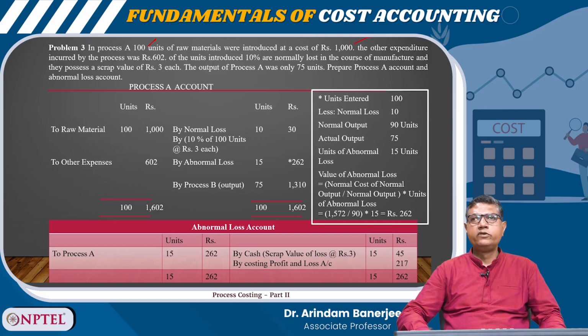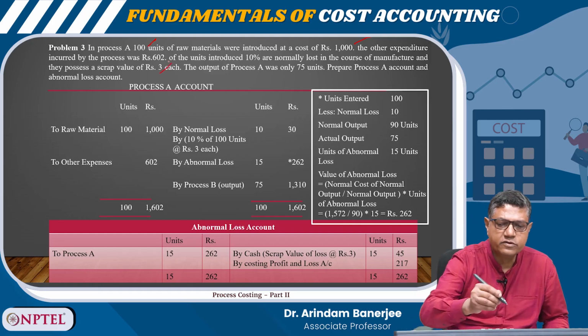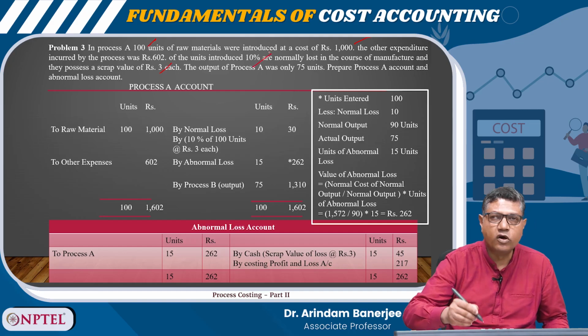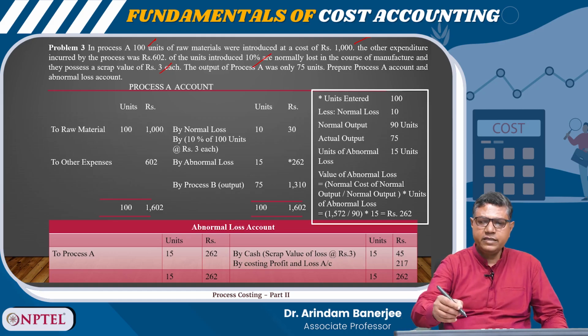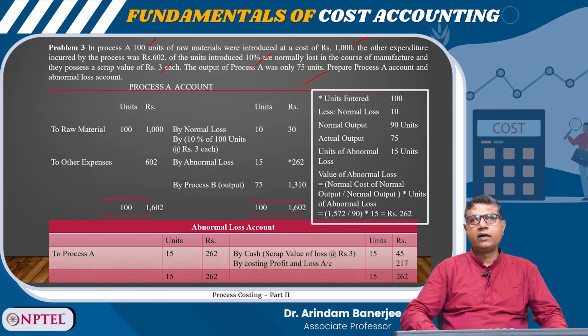Of the units introduced, 10% are normally lost in the course of manufacture and they possess a scrap value of rupees 3 each. The output of process A was only 75 units. Prepare a process A account and the abnormal loss account.